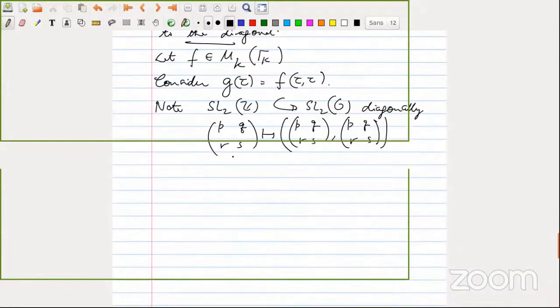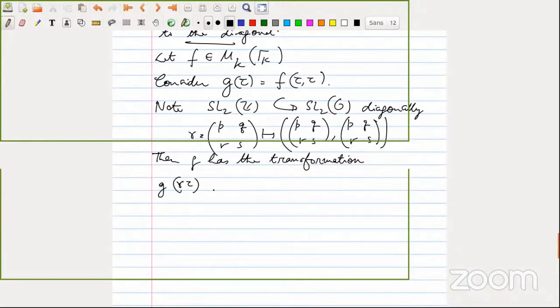It is, then my g will have this transformation. Then g has the transformation, this one, g of γτ. Let's say γ is this matrix.